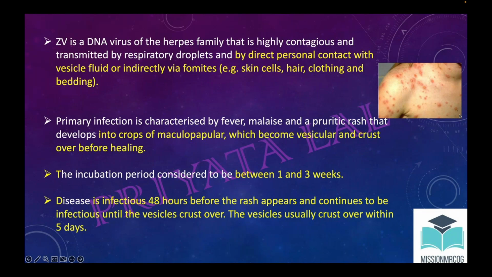You can see in this picture that these small ones are maculopapular, but later on it becomes vesicular. This vesicular rash is characteristic of chickenpox, and it comes in crops. So various stages of vesicles can be seen, and then it would crust before it heals.